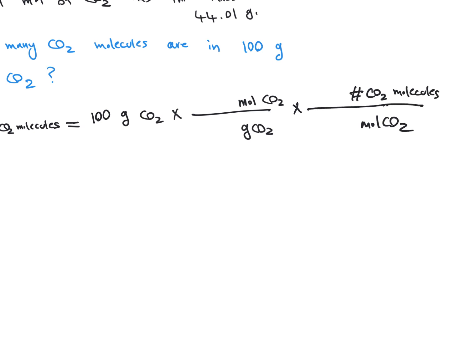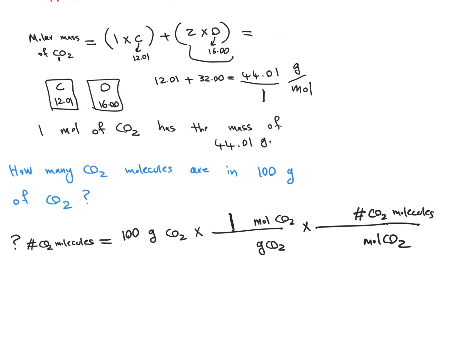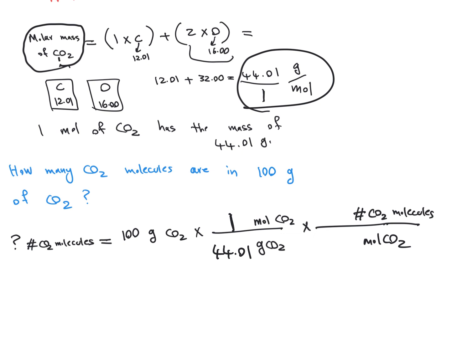So we just calculated this here. What is the mass of 1 mole of CO2? 44.01 grams, right? And these two cancel out. And what is the number of CO2 molecules in 1 mole of CO2? Anyone? 6.022 times 10, exactly. 6.022 multiplied by 10 to the power of 23 molecules.